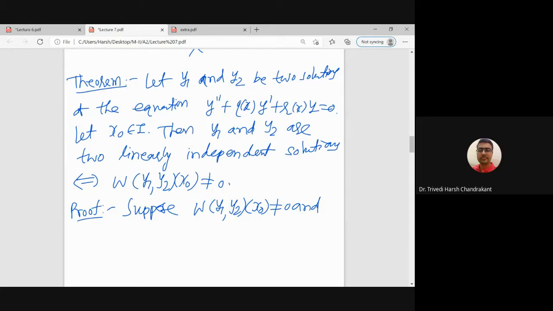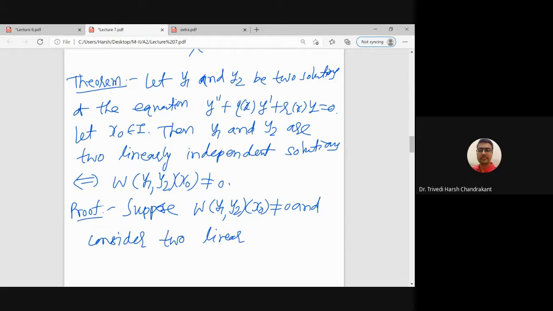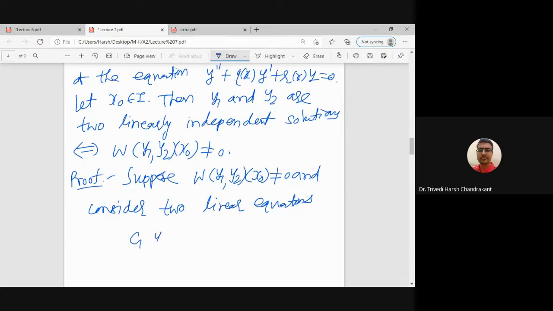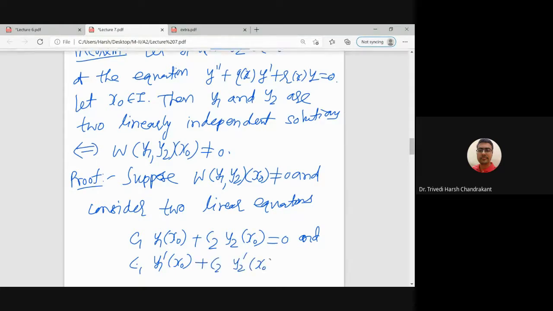So consider two linear equations: c1 y1(x naught) plus c2 y2(x naught) is equal to 0, and the second equation is c1 y1 dash (x naught) plus c2 y2 dash (x naught) is equal to 0.